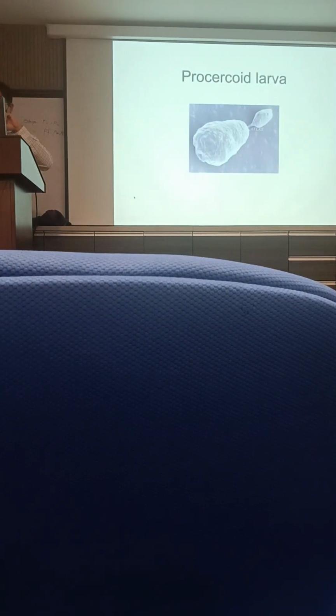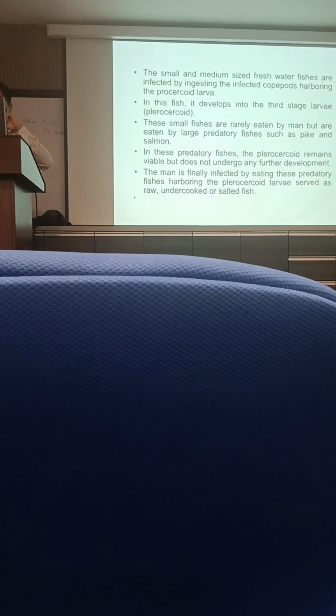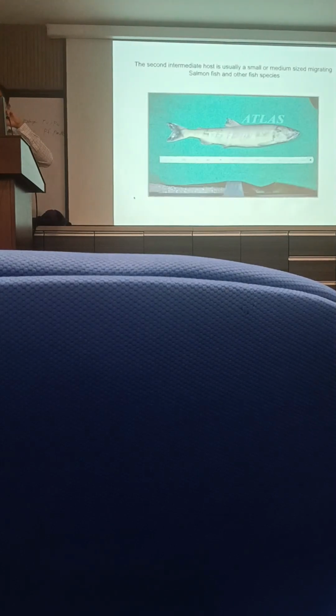Procercoid within the copepod, and then within the small fish, it will develop plerocercoid larva, right? Within the fish meat, right? In the flesh, it will be the plerocercoid larva.